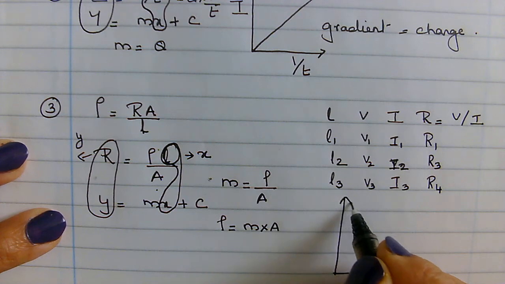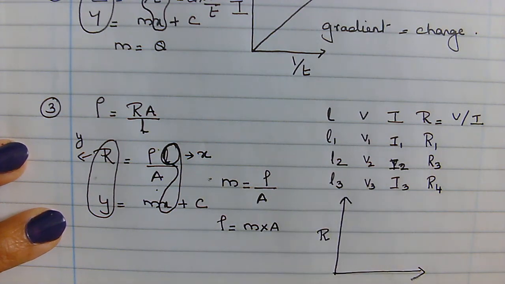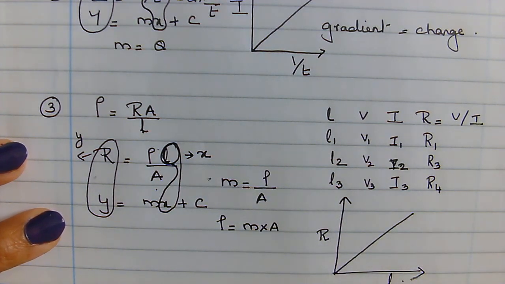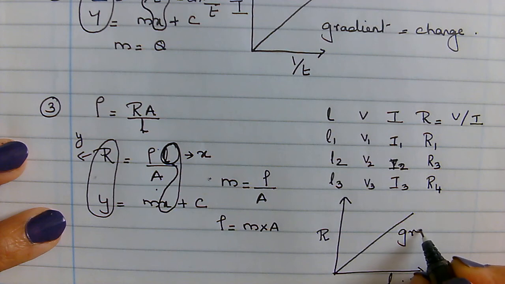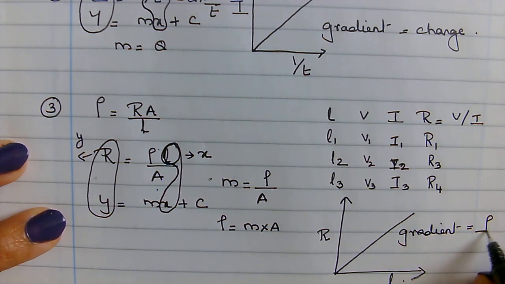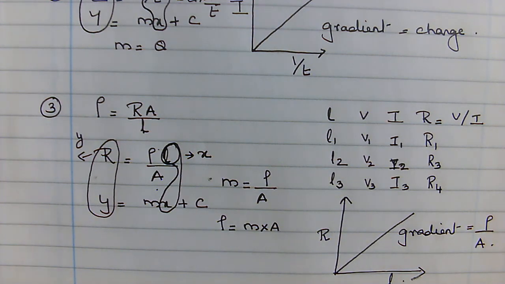If we take resistance along the y-axis and length along the x-axis, we should be getting a graph like this, and the gradient of the graph is resistivity over area. So how do we manipulate it? It all depends on what they are asking us to find. So if they give you this equation and ask you to find the resistivity, then this is how you have to manipulate it.